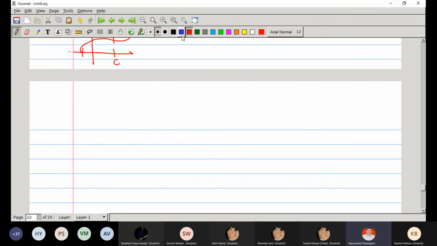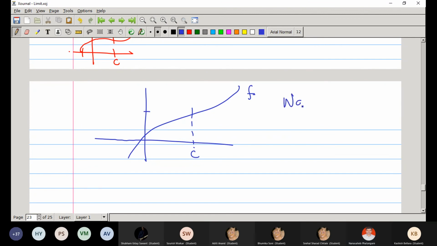My question is, this is a function f, the graph of the function, this is the point c, and I want to guess the limit of f at c.